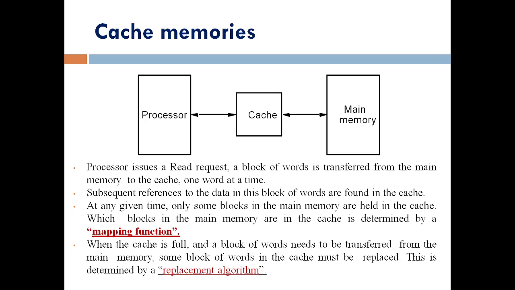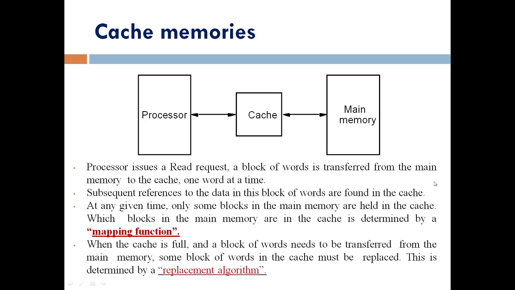It contains a copy of portions of the main memory, which are going to be referenced by the processor in the future. Here the processor issues a read request. A block of words is transferred from the main memory to the cache, one word at a time. Subsequent references to the data in this block of words are found in the cache.